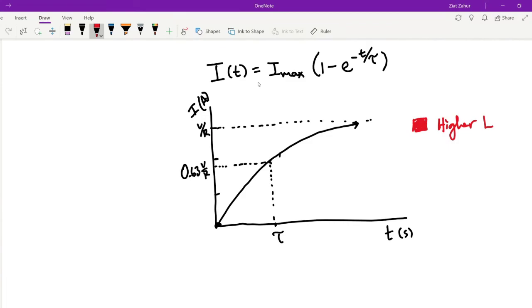Chat, how will the curve change if L increases? Basically, will it take longer to hit I max? Because I max is just the voltage of the battery divided by the resistance of the resistor. And of course, at infinite time, you'll eventually reach I max. But will it take longer to reach I max, or will it be quicker?